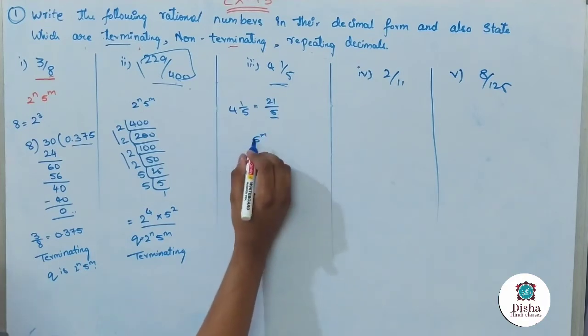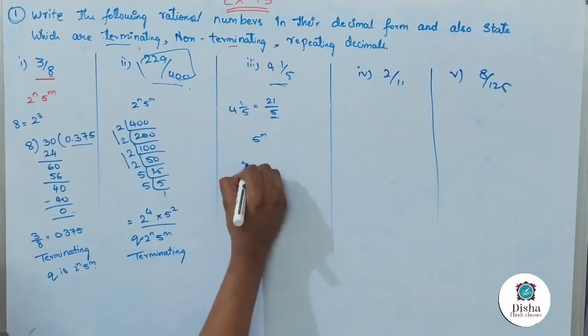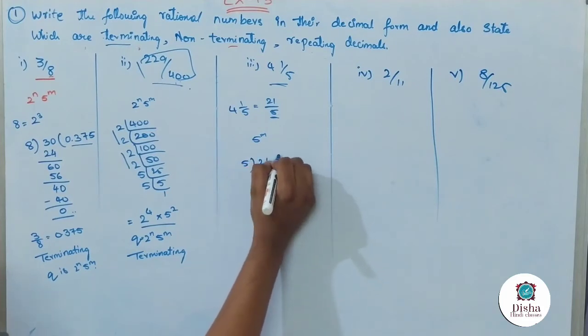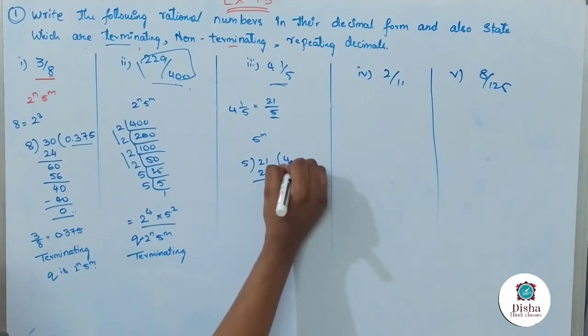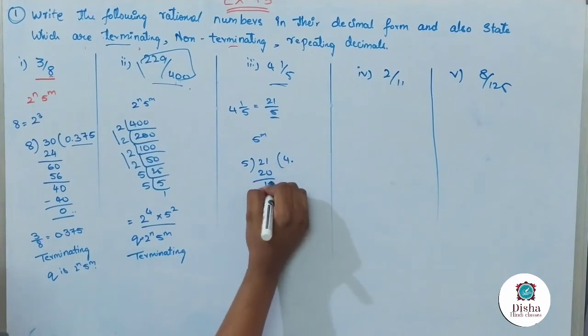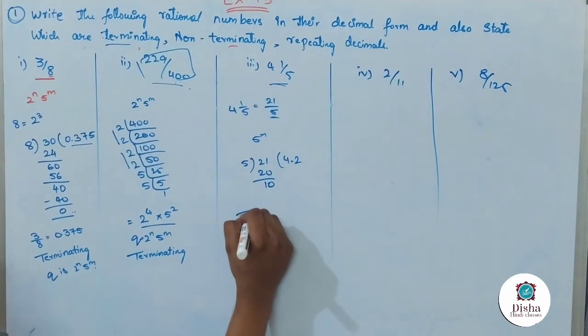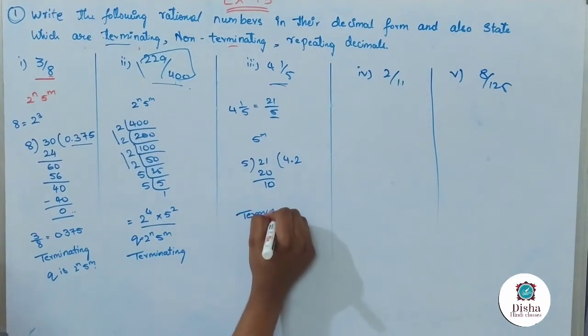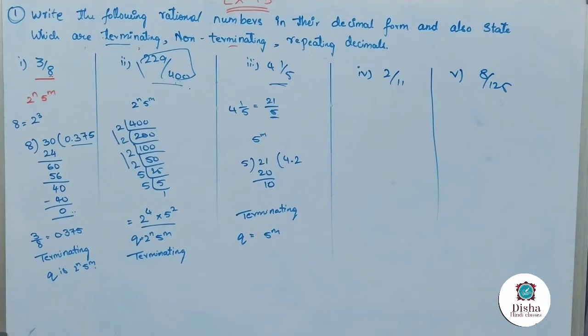So it is a terminating number. Let us prove it: 21 divided by 5, 5 fours are 20. We get 1 as remainder, we put a point and take 10. 4.2 is the answer. So it is a terminating number because q is in the form of 5 power m.